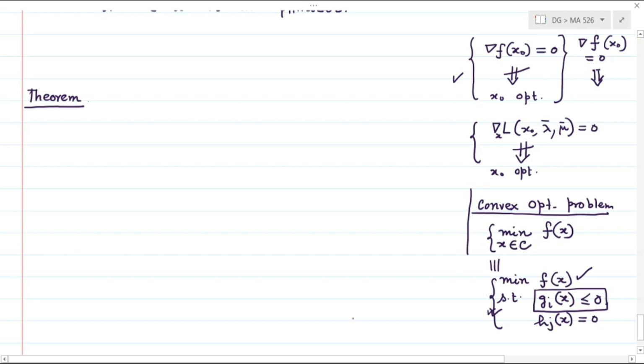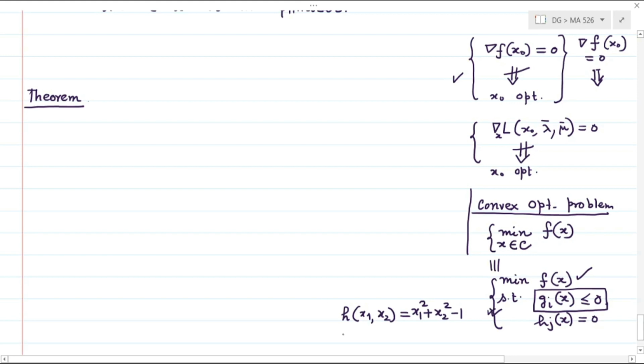For instance, take this function h(x1, x2) = x1² + x2² − 1. This is a convex function, no doubt, because the Hessian is 2 times the identity matrix and therefore positive definite, and hence h is strictly convex.